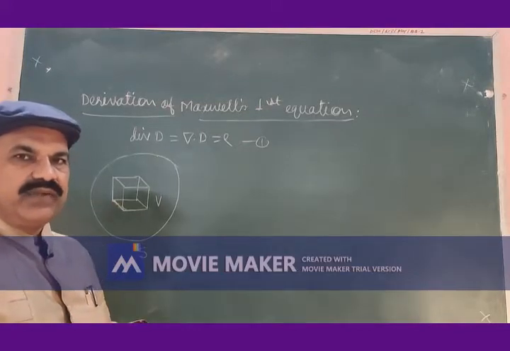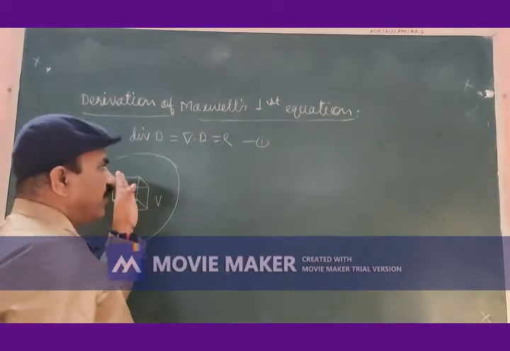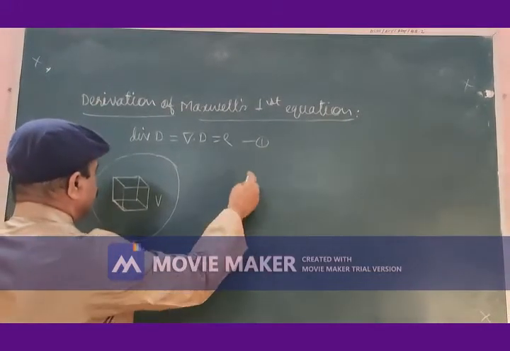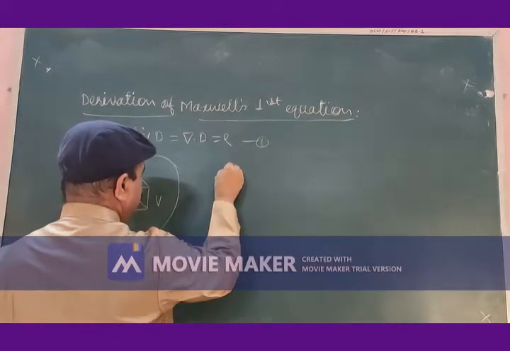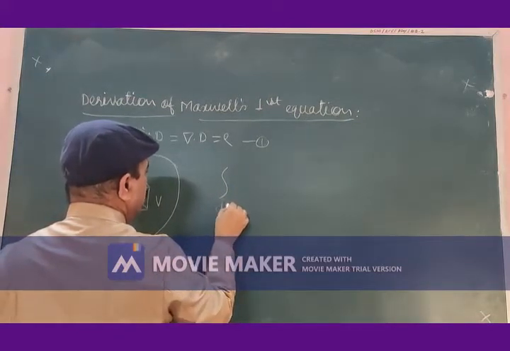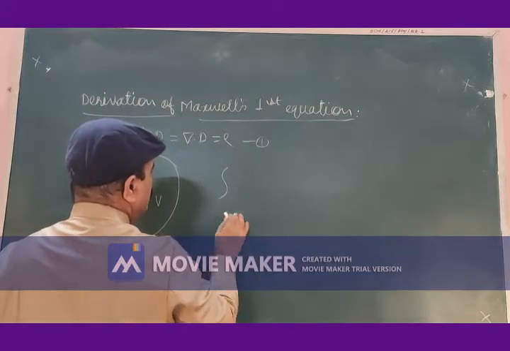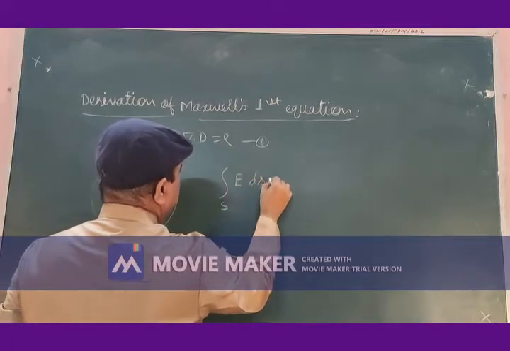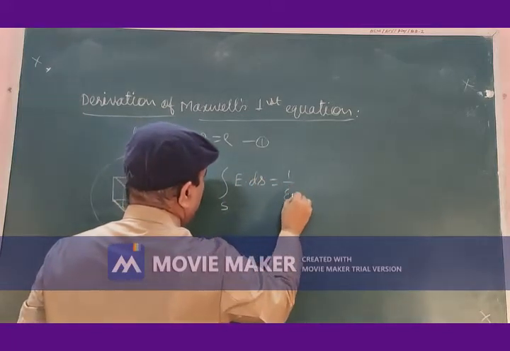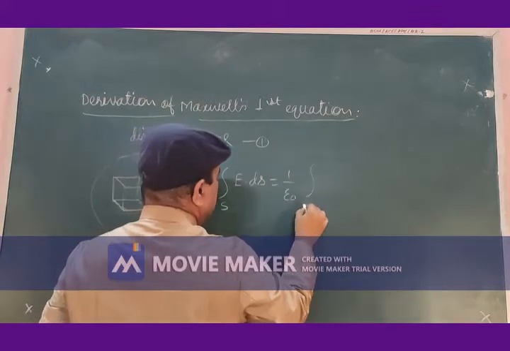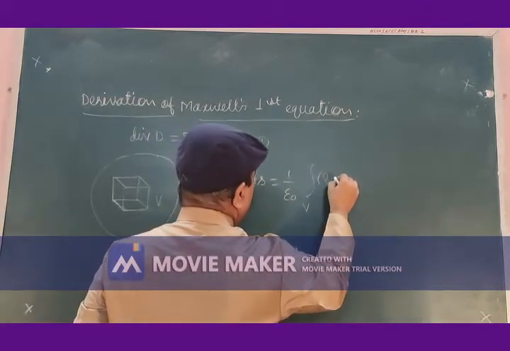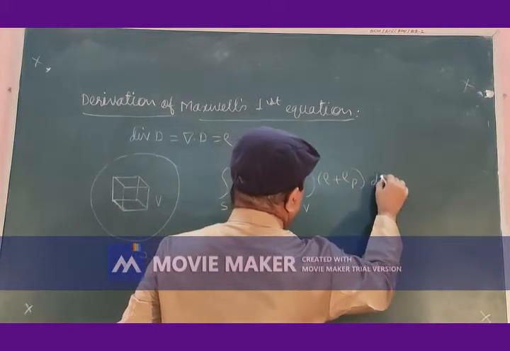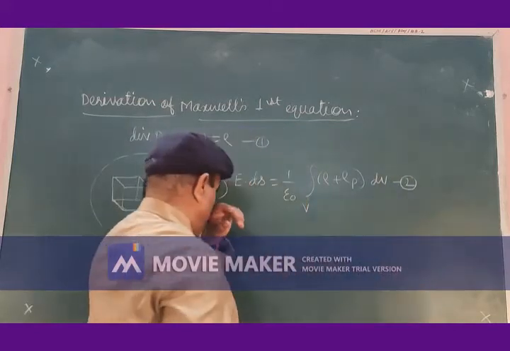Then the mathematical equation for such a situation, that is the Gauss equation, is this one. Integration of E dot ds is equal to 1 by epsilon 0 integration over V of rho plus rho p into dV, equation number 2.